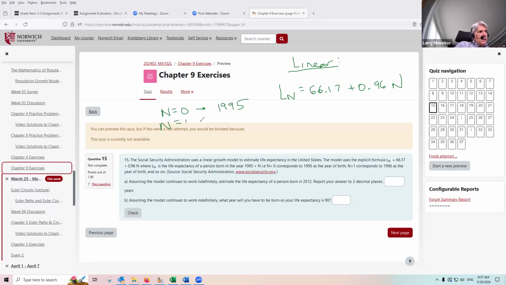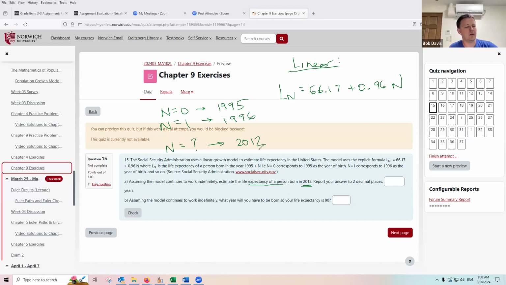N equals 1 is 1996, and so on. All right, it says here, what is the life expectancy of a person born in 2012? Well, if I could figure out the corresponding n number for 2012, I would be able to just plug in that n into this formula.